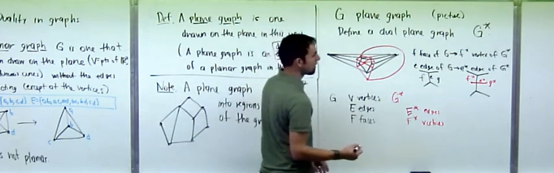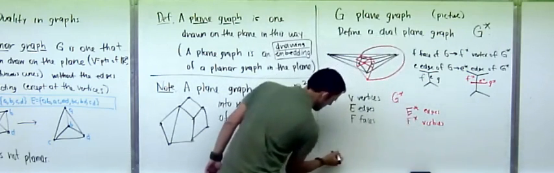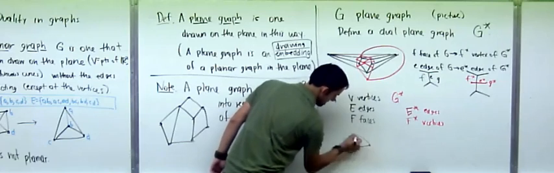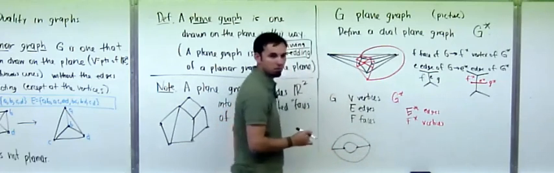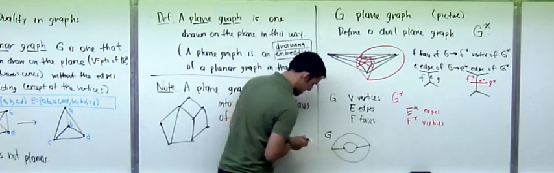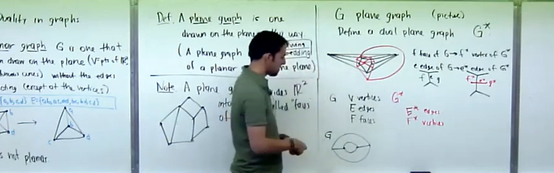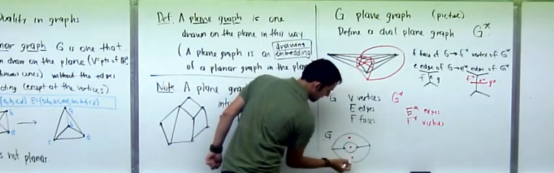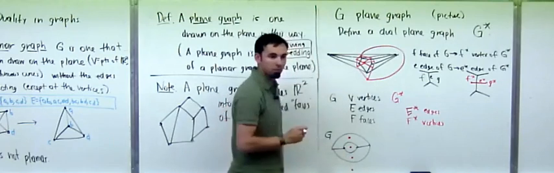So for example, if I have a situation like this, if this is my graph, G, then what am I going to do? I have to assign a vertex in each region. So there we go, vertex, vertex, vertex, vertex.